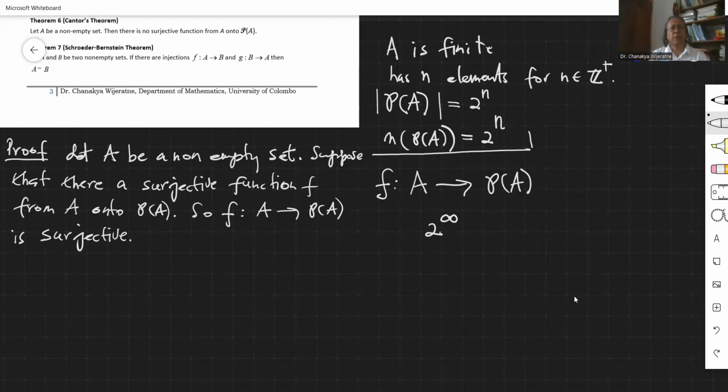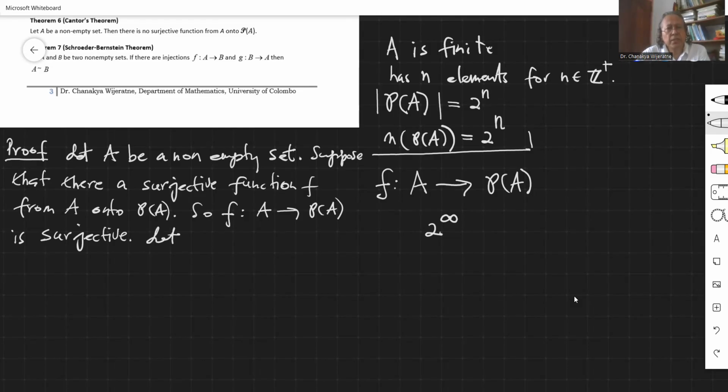Then, by proof by contradiction, we can say that there is no such function. Now, how do we get this contradiction? For this, Cantor came up with an ingenious idea to look at a certain set.